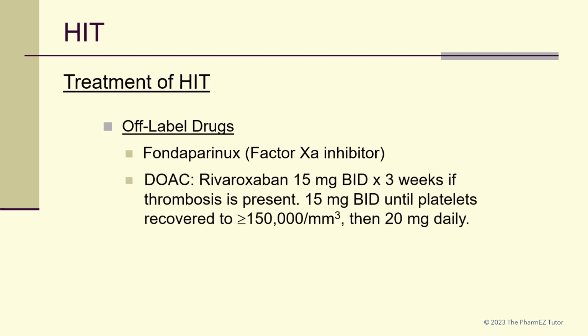Off-label drugs used to treat HIT include fondaparinux, which is a factor Xa inhibitor, and DOACs, which can be given orally, such as rivaroxaban, 15 milligrams twice a day for 3 weeks if thrombosis is present, 15 milligrams BID until platelets recovered to greater than or equal to 150,000, and then 20 milligrams per day.